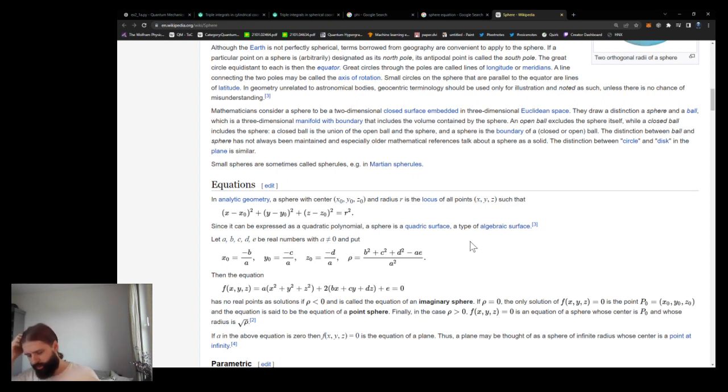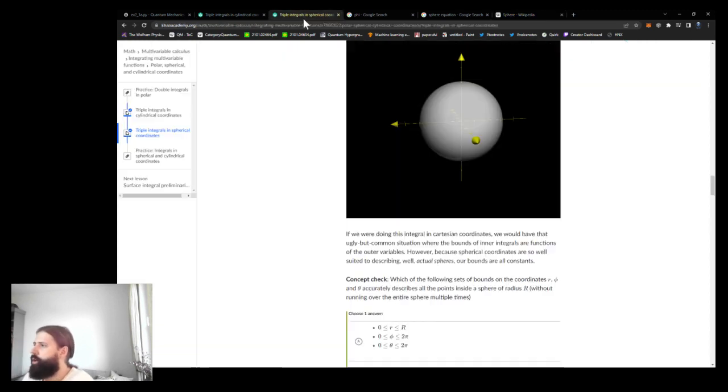You can express these by just the square value of the radius. I don't know if you know what I'm saying.